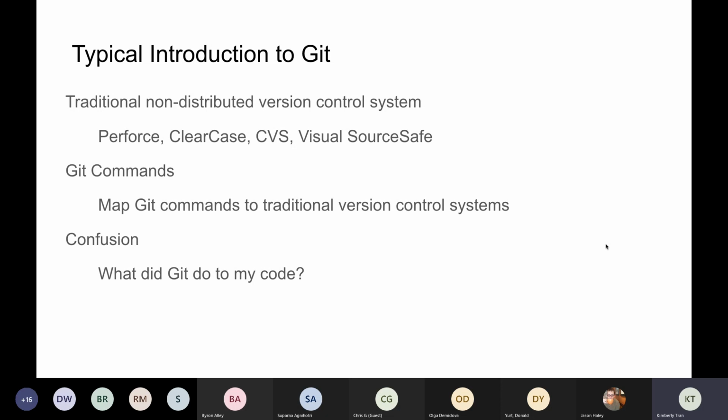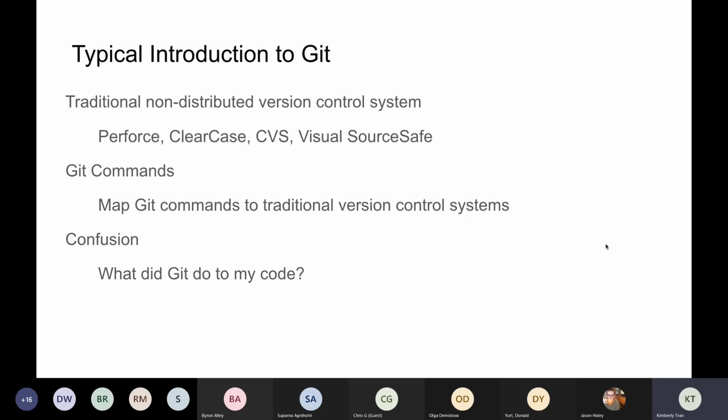Okay. Usually you come from these traditional systems, you're interested in Git commands, and you try to map Git commands to traditional version control systems. That doesn't work very well because Git has its own notions and models that are inherent to its structure and don't map very well to traditional version control systems.